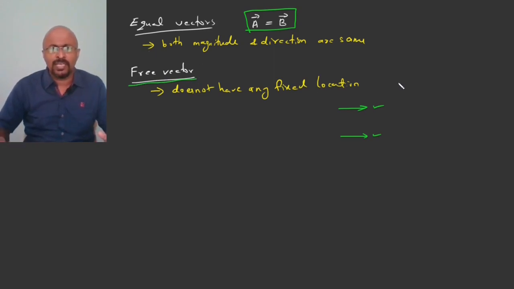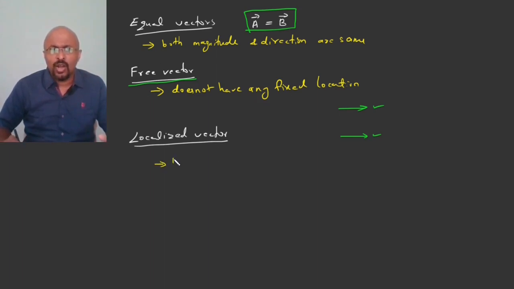So, what is a free vector? A free vector does not have any fixed location. We can displace it parallel to itself. Now, the third one we are going to study here is a localized vector. What is a localized vector? It is just the opposite of a free vector.